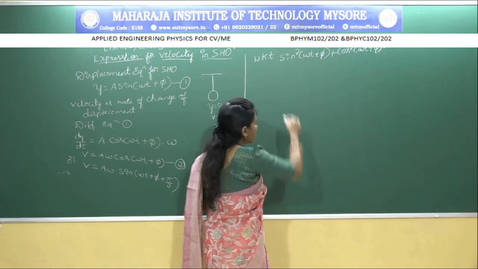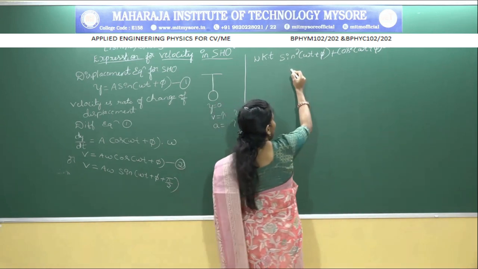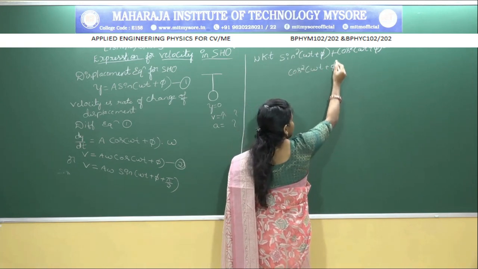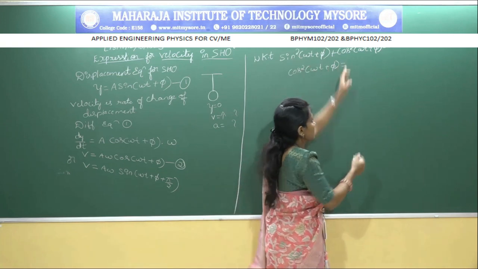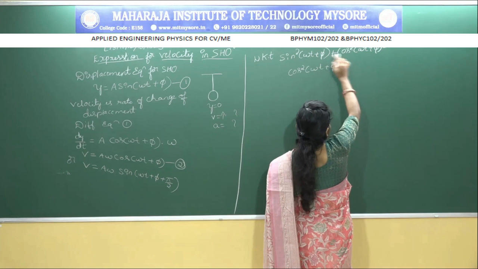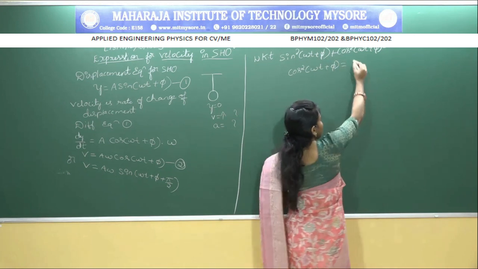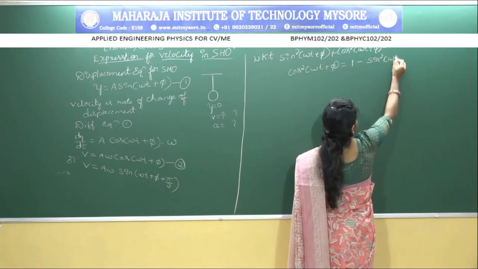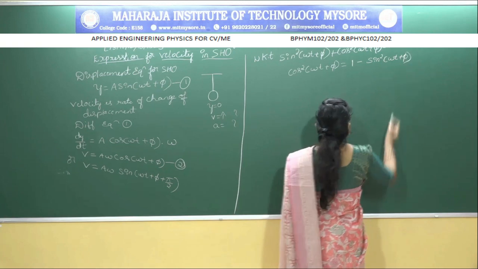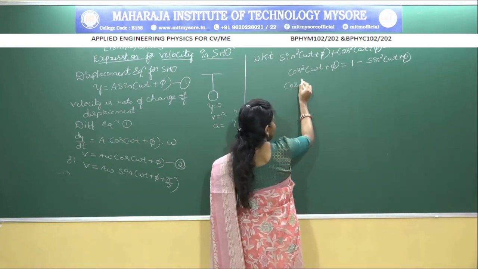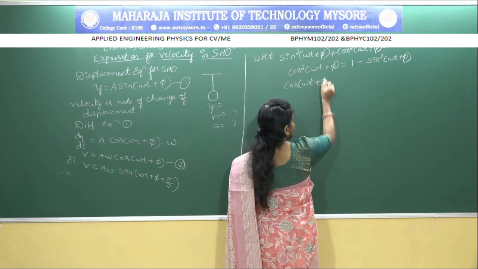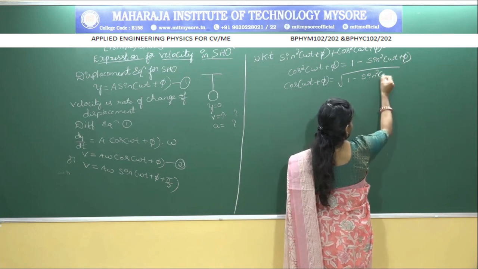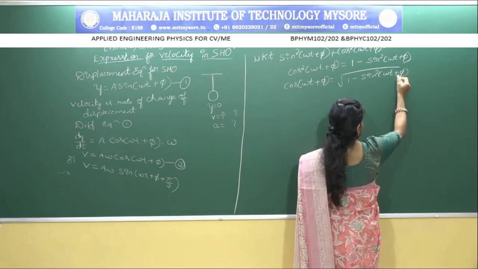But we want it in terms of cos, so keep cos square of omega t plus phi on the left and bring the other term to the RHS, which gives 1 minus sin square of omega t plus phi. So cos of omega t plus phi is equal to the root of 1 minus sin square of omega t plus phi.